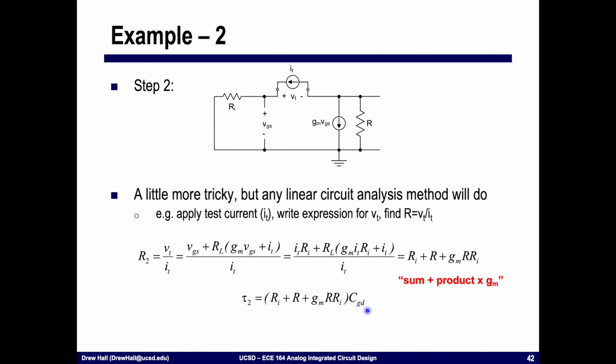Anytime I have CGD, and importantly, I have a grounded source node, I can simply find the impedance looking left and the impedance looking right, and the total impedance of CGD is going to be R left plus R right plus gm times R left times R right, or the sum plus the product times gm. Remember, this only works if the source is grounded. If we have an impedance there, as you saw in homework 2, this causes a form of feedback, and this expression will not work.